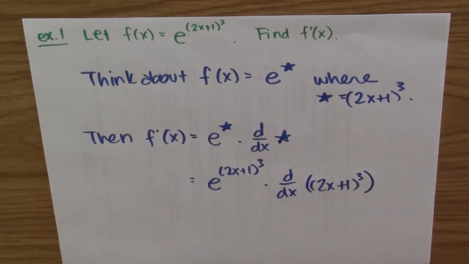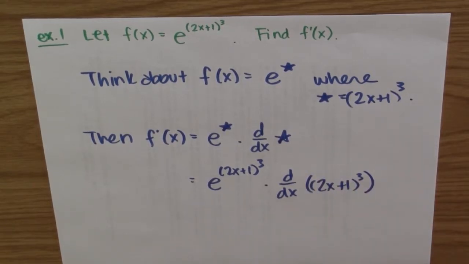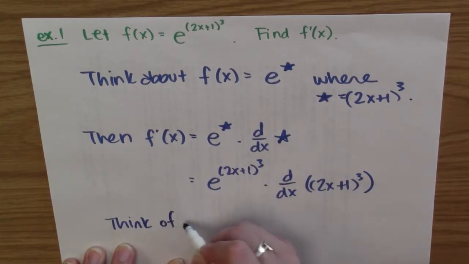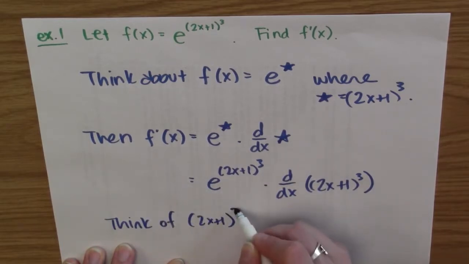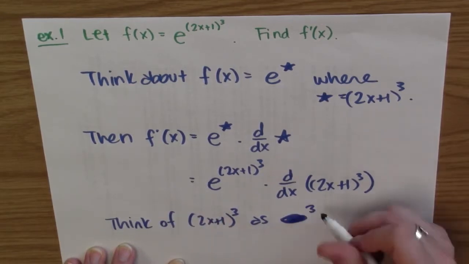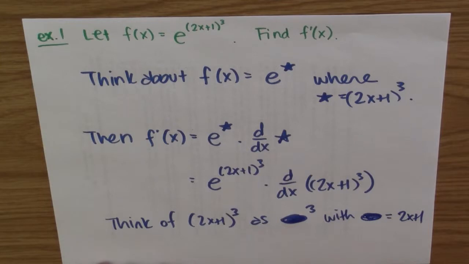Okay, well, now we could think of this (2x plus 1) to the third power as another use of the chain rule. So we can think of (2x plus 1) to the third power as some other kind of thing, maybe a big long blob this time, raised to the third power, with the blob being 2x plus 1. So what do I do then?